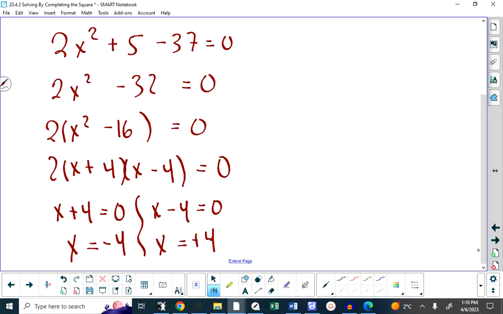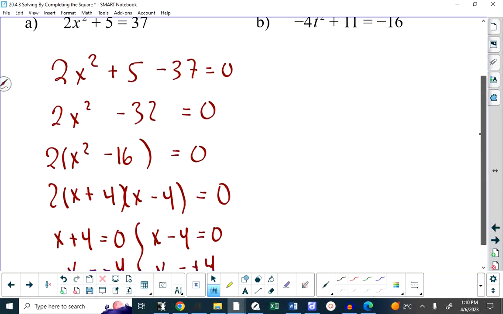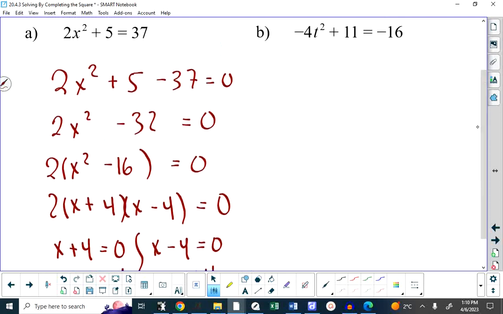Let's look now at warm-up B. Well, you look at it and you say, well, it's quadratic, so I'm going to zero both sides. I hope you recognize that zeroing the equation here, it would be wise to move all of the terms to the right side because you don't want negative quadratic terms. The quadratic term is negative 4t squared, so I'm going to move it over to the other side where I'm going to have 0 on the left.